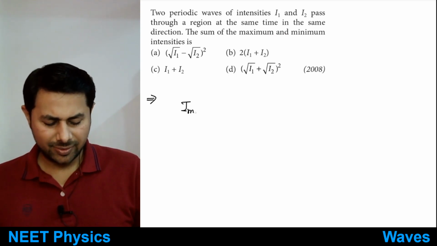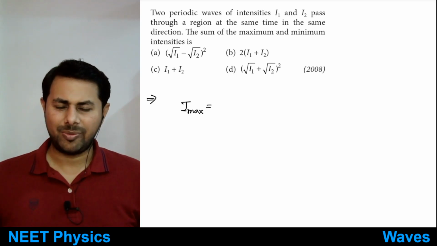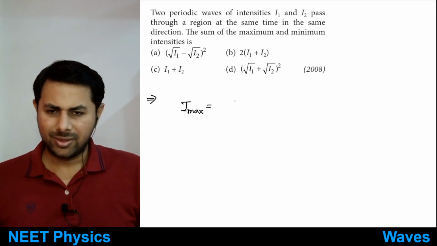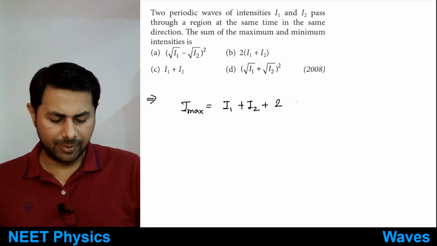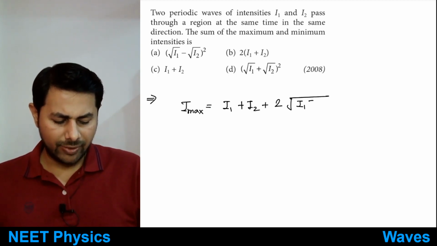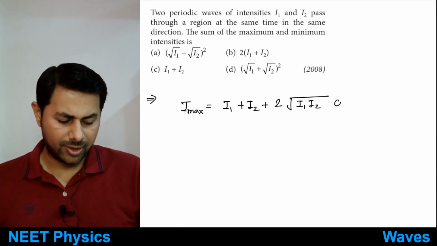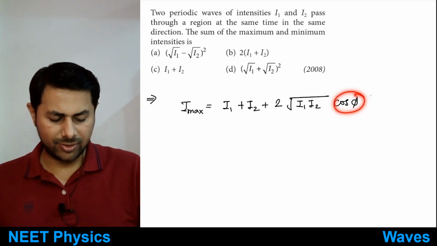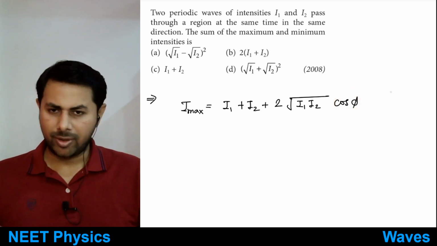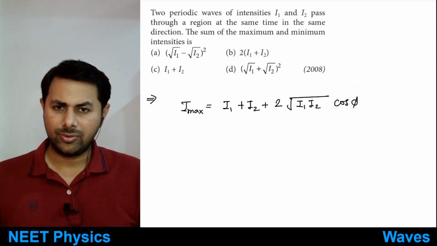I max. So here you need to remember the formula, right? So maximum would be I1 plus I2 plus 2 times square root of I1 I2 times cos of phi. For maximum intensity this cos phi would be equal to 1, for minimum intensity cos phi would be equal to minus 1.